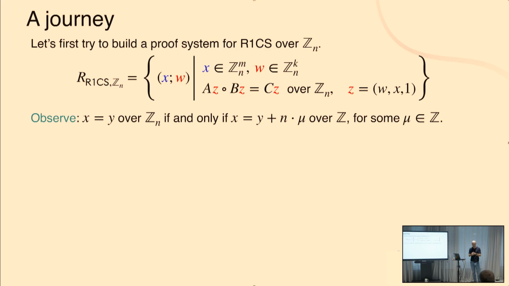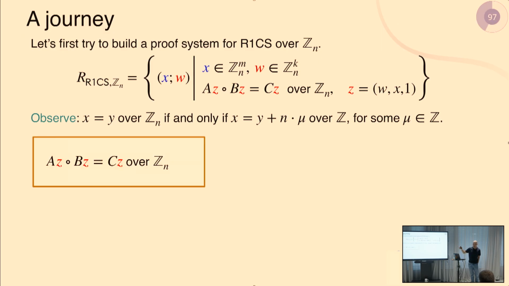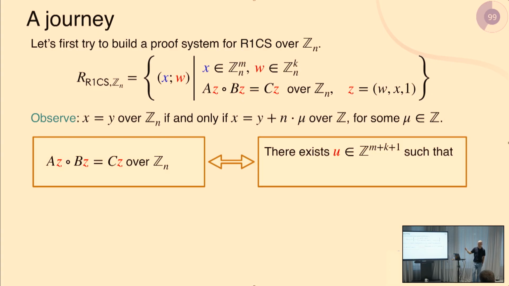Things are equal modulo n if and only if they are equal as integers after you add a multiple of n. So this R1CS constraint holds modulo n if and only if there exists some vector such that the R1CS constraint holds after you add a vector that's a multiple of n.